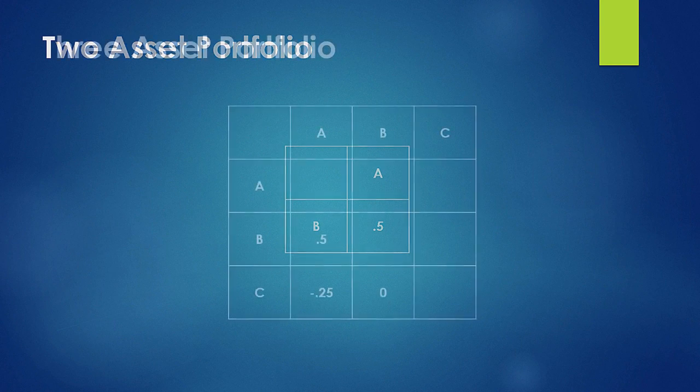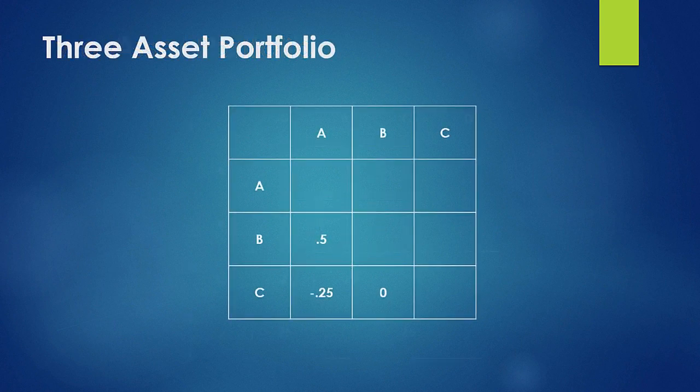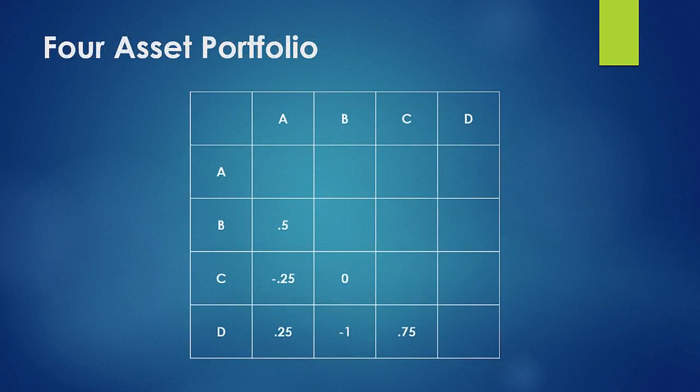But if you increase that number to 3, 4, 5, 6, you have all of these relationships that you have to make assumptions on. That's an incredible amount of assumptions. So, in my opinion, there are too many assumptions going on here to come up with really accurate results out of this financial equation.